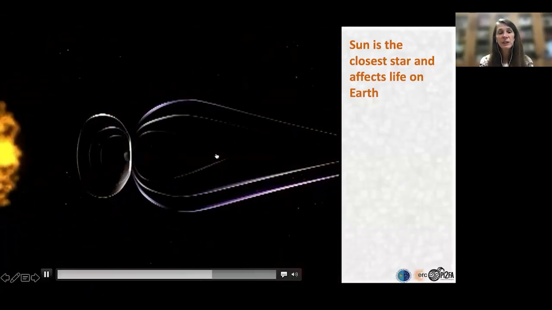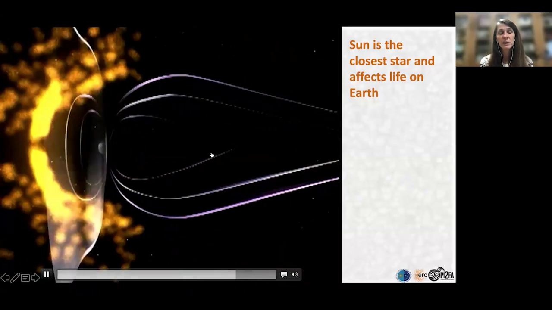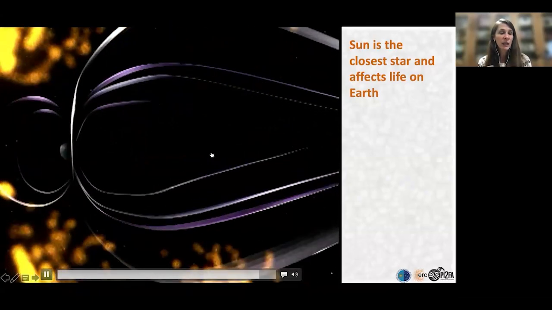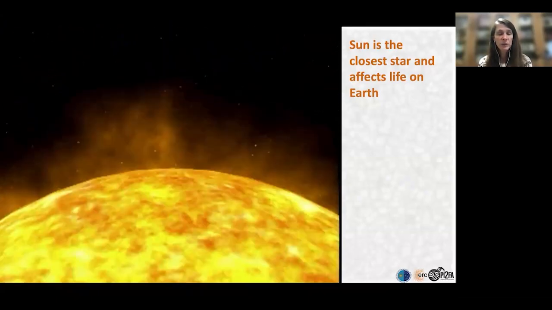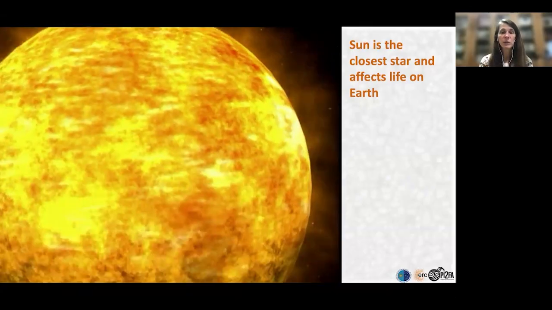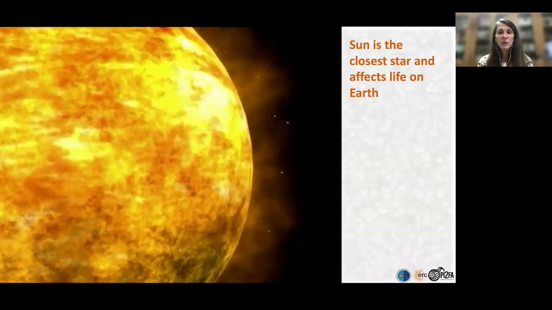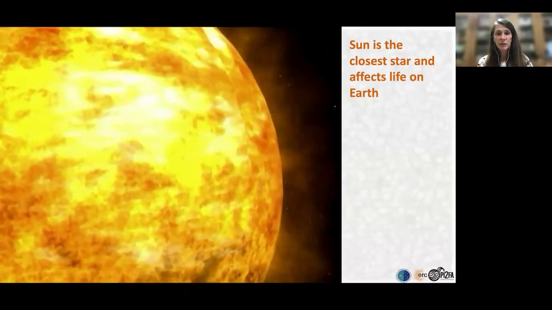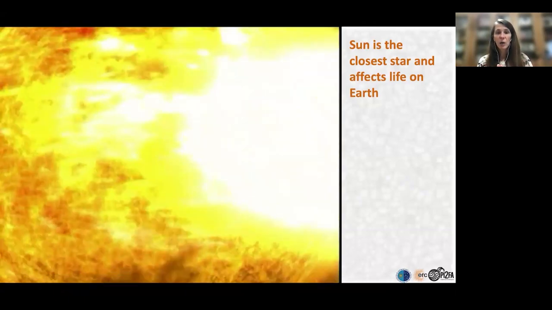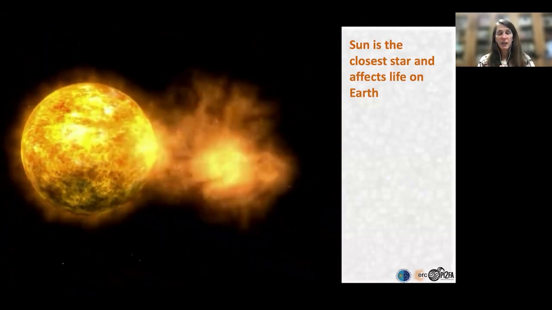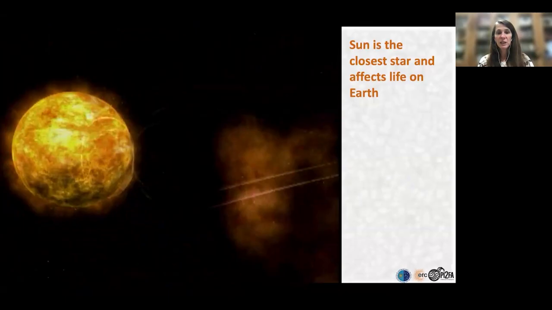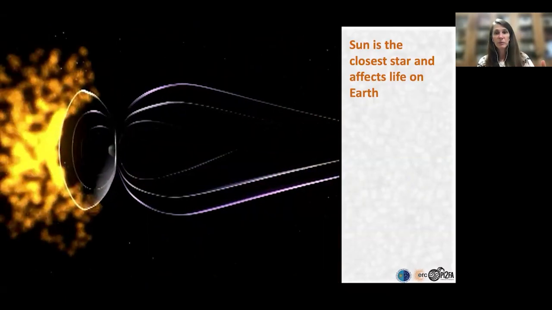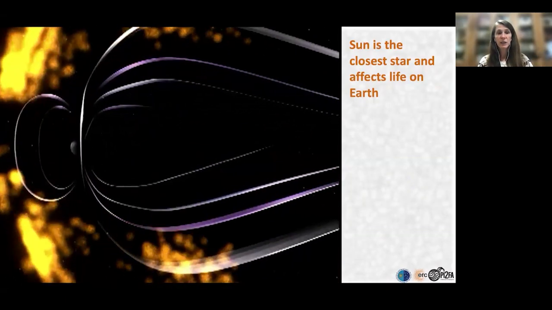What we see here, again an artistic representation, is a coronal mass ejection, mass ejected from the sun because of violent eruptions related to the magnetic field. And when it reaches the Earth, it encounters a shield, the Earth's magnetic field. Again, the magnetic field is essential here because it protects our planet from this external radiation.